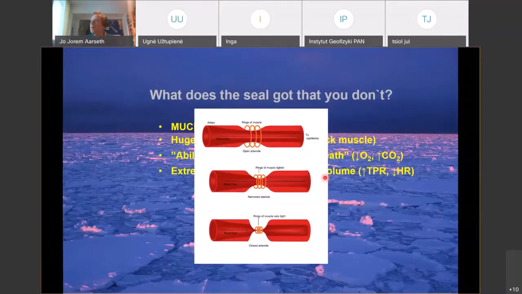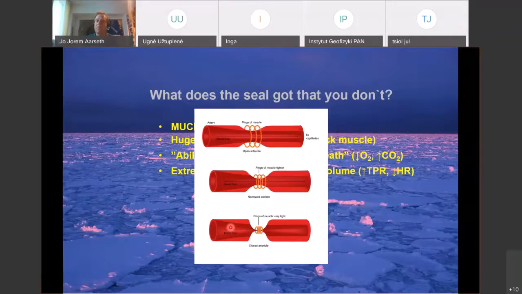And you do that with arteries. This is an artery, and in the artery wall, there are rings of muscle. And when these rings of muscle are constricted, then the artery is closed. In this case, if the blood flow is going to the right, these organs here will not receive blood, while the blood on the left side could be redistributed to other organs that need it.